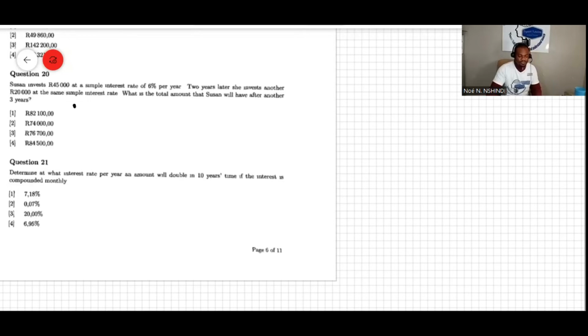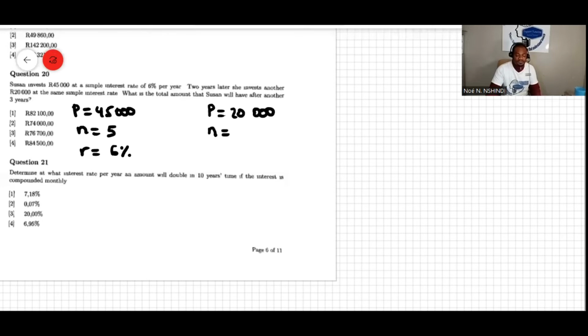For the principal, which is 45,000 rand, the time is 5 years and the interest rate is 6%. Then for the principal of 20,000 rand, the number of years is 3, because 3 years later, and R is still 6%.